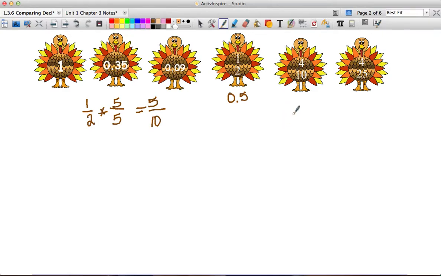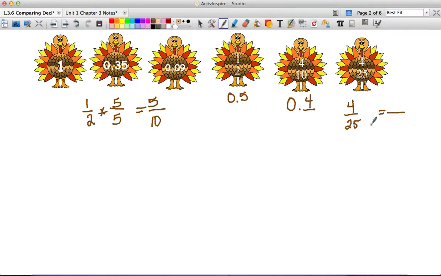4 tenths, I don't have to change, which is nice. I just know that it has to end in the tenths place. So I put my 4 in the tenths place and I have nothing in front of it. And then I have 4 25ths. If I look at the 25, I have to think of what number that can be multiplied to that is a power of 10. So can it be multiplied to 10, 100, 1000, so on and so forth.